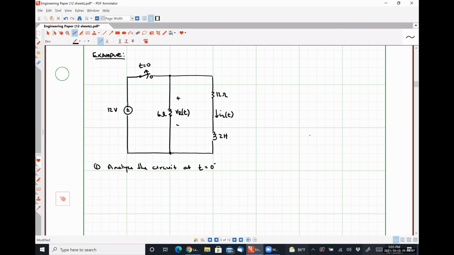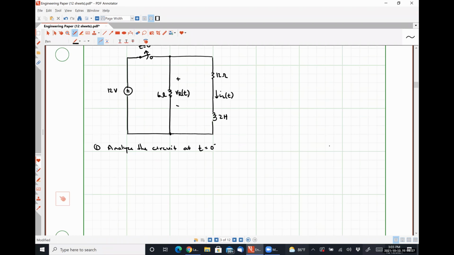Okay. So at t equal to 0 minus, is my switch open or closed? Closed, all right? At t equal to 0 minus, this is a DC steady state condition, which means our inductor is going to behave as if it were a short circuit. So the simple approximation of how this is going to behave, sorry, this should be a 12-volt source, not a current source.